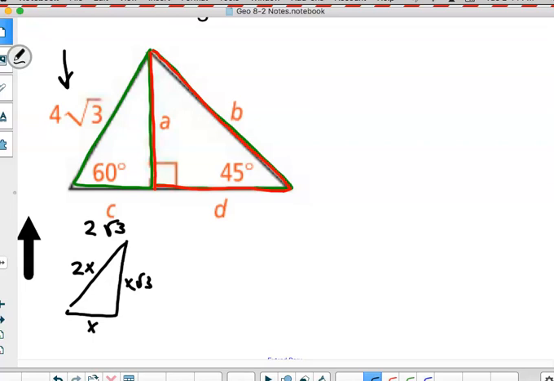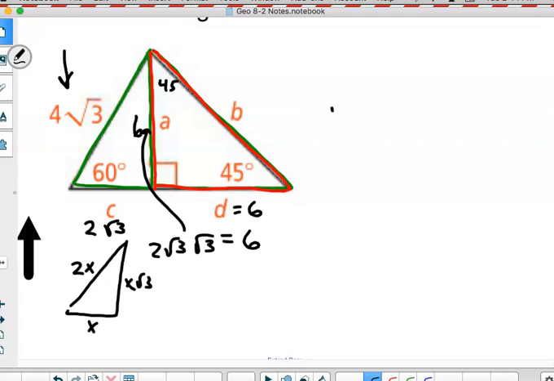Now, this is just multiplying the short side by the square root of 3, so 2 square root of 3 times the square root of 3 is equal to that side. Well, that's just 6. So this is 6. Because this is a 45-45-90, this is also 6.